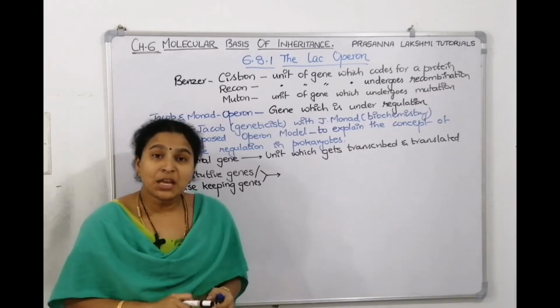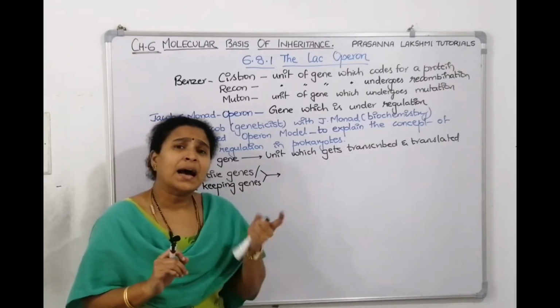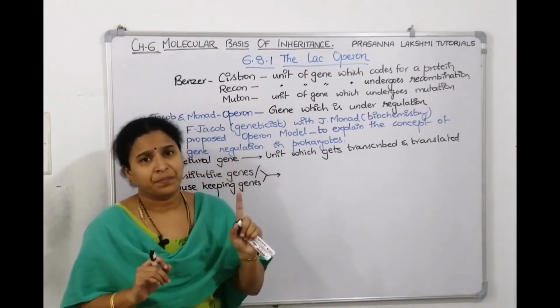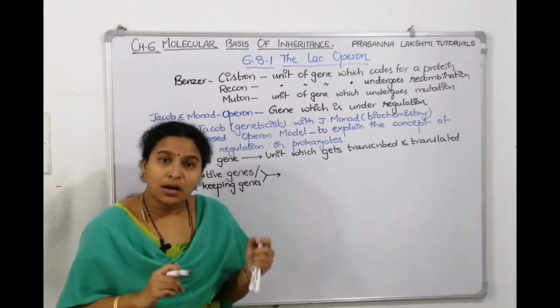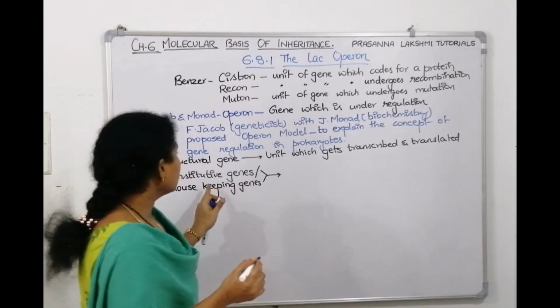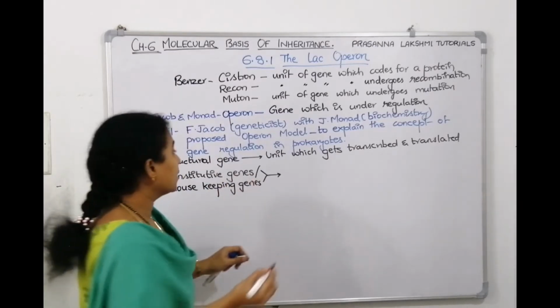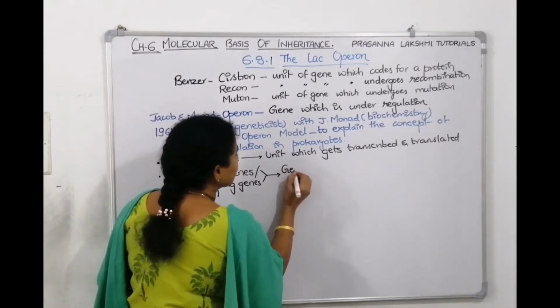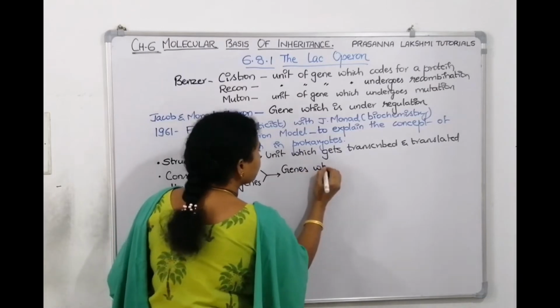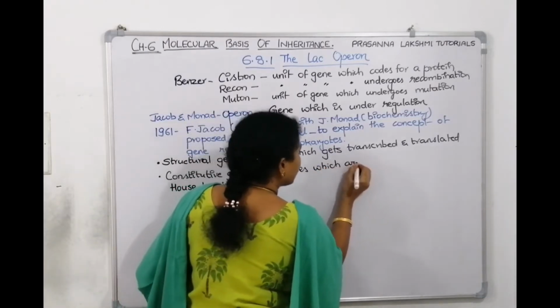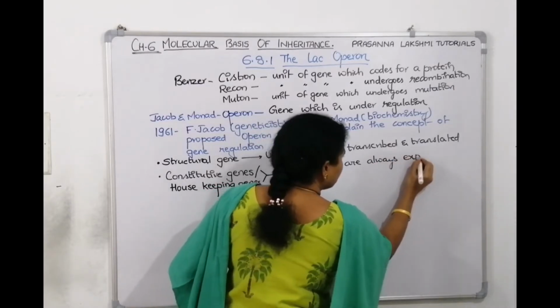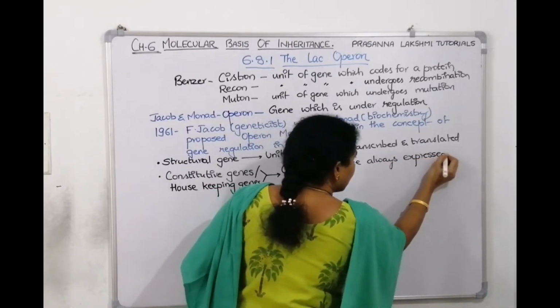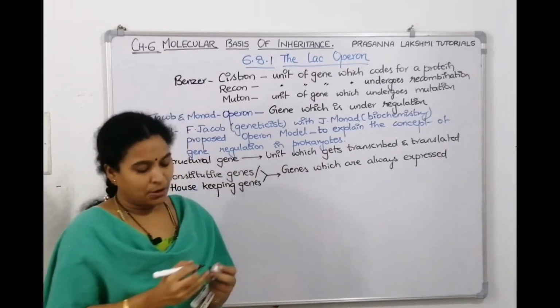So like that, housekeeping genes means these genes are always expressed in the cell. The genes which are always expressed in the cell are called housekeeping genes. Housekeeping genes are also called constitutive genes. Now, to help you understand a little better, I will tell you.